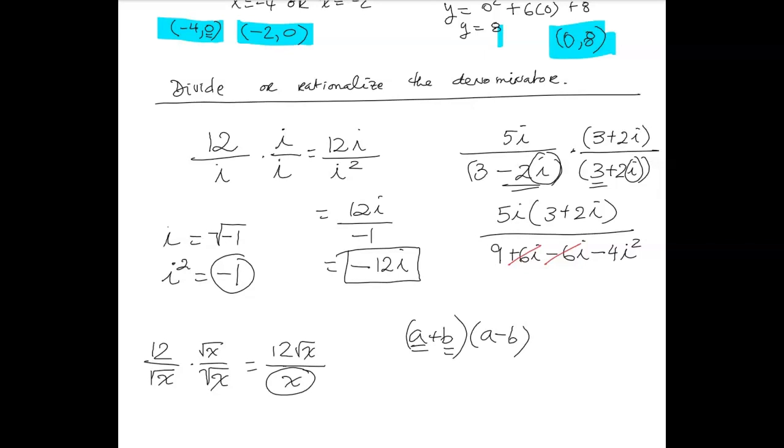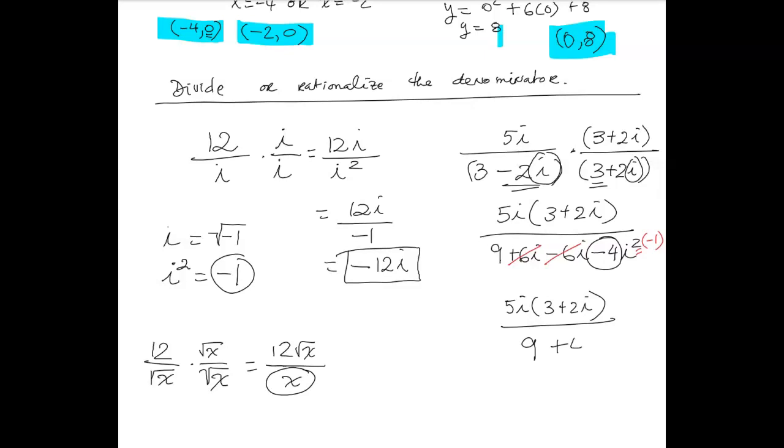And then let's replace the i squared with negative 1, right? Because that's what it is, negative 1. So it's going to be negative 4 times negative 1. That's positive 4. So next, let me erase this here so I have more space. So it's going to be 5i times 3 plus 2i over 9. And then here, if I'm evaluating this, that's negative 4 times negative 1.